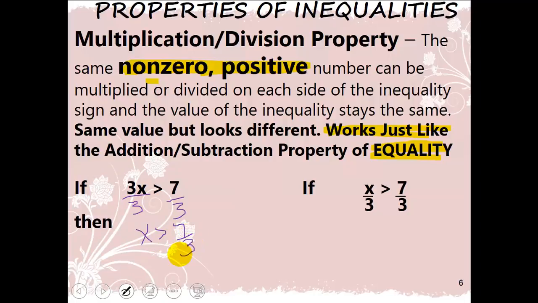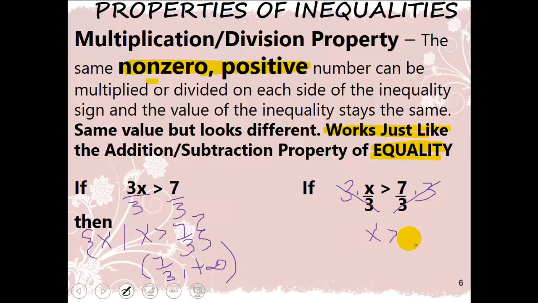And then I can write that in set notation, and I can write it in interval notation. If I'm dividing by 3, to get rid of it I have to multiply both sides by 3 and they cancel. So I get x is greater than 7.